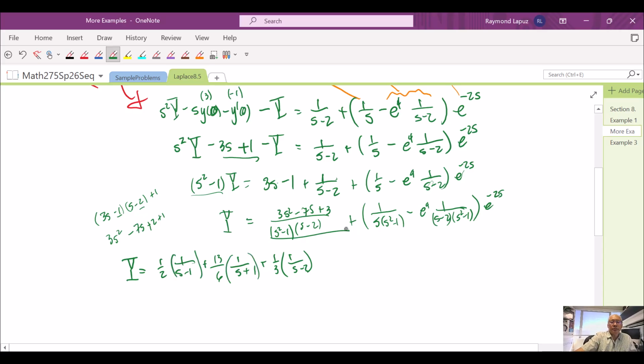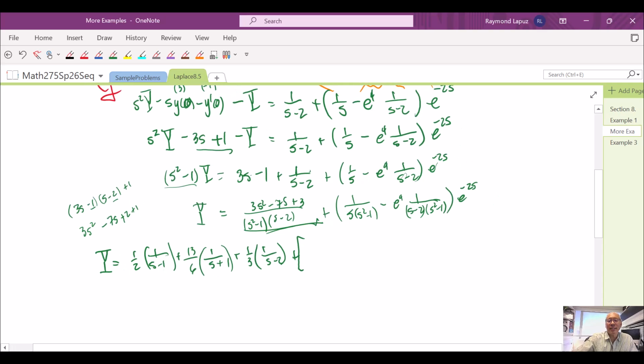So that's the first part right here. Now all this other stuff in the parentheses is going to get really long, so let's put brackets there.